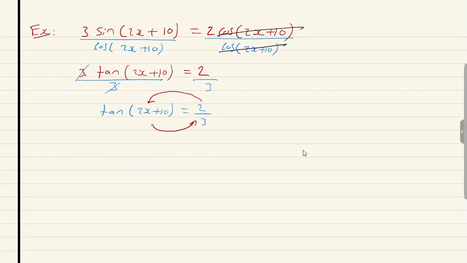This is not like collecting unknowns, one side numbers, other side. No, we just swap. Take 2 over 3 inside, take 2x plus 10 outside without changing anything. This is how we calculate the inverse function. Inverse function of tangent 2 over 3 is equal to 2x plus 10.